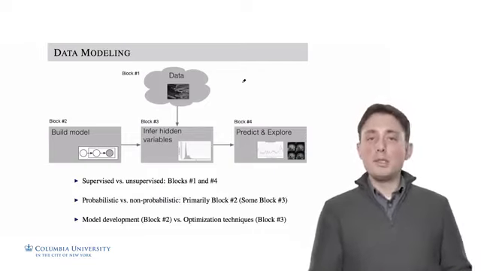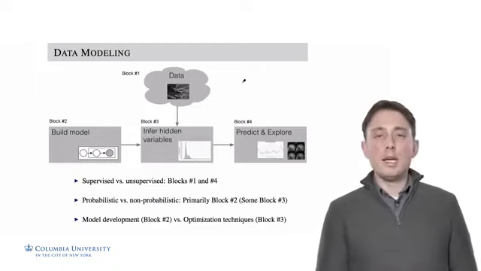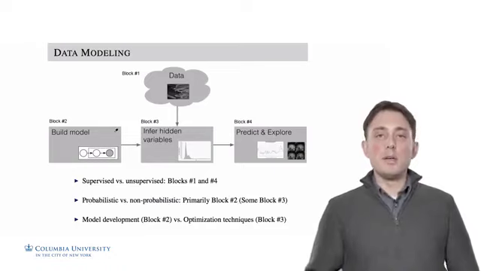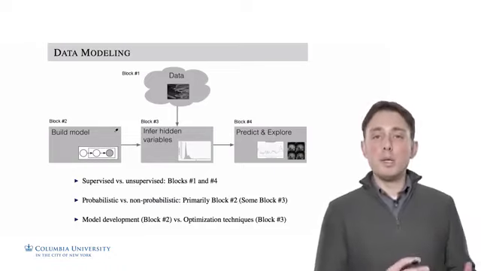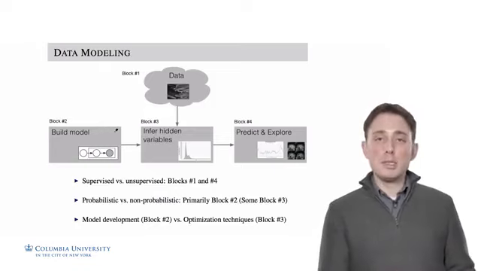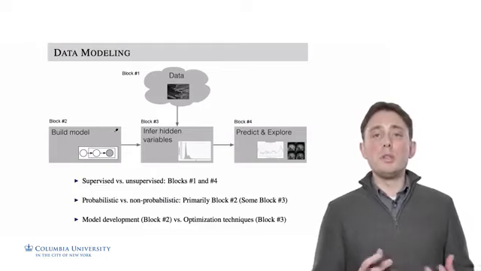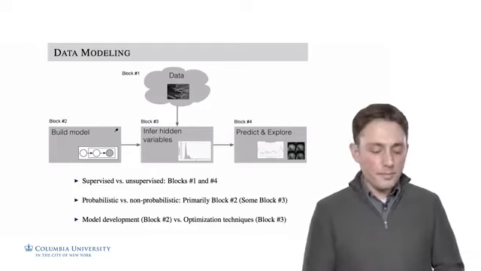If we think probabilistic versus non-probabilistic models, we're now not really thinking about the data or what we want to do with the data. We're thinking about the model itself primarily. So we're defining a model that uses probability distributions in the probabilistic case, or we're defining a model where probability distributions really don't come into play at all in the non-probabilistic case.